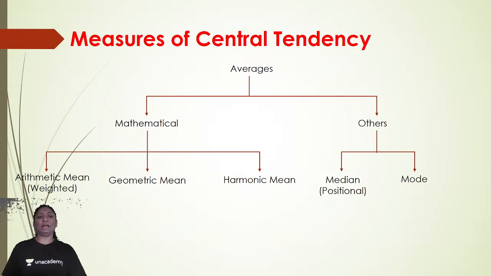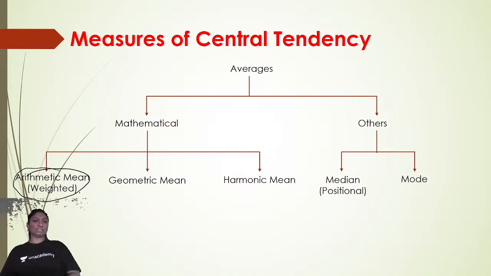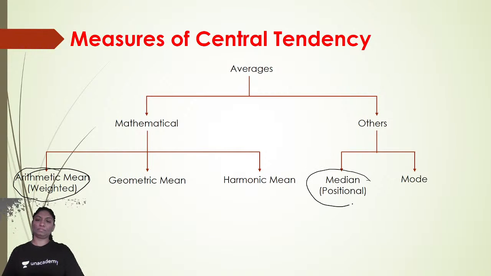In mathematical average there is arithmetic mean, geometric mean and harmonic mean, but in your syllabus for the GATE there is only arithmetic mean. Arithmetic mean is also called weighted mean. We will study in this lecture arithmetic mean, median and mode.